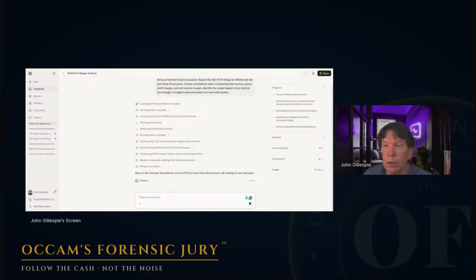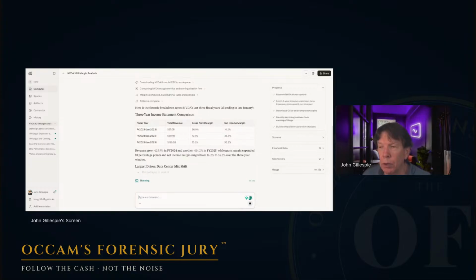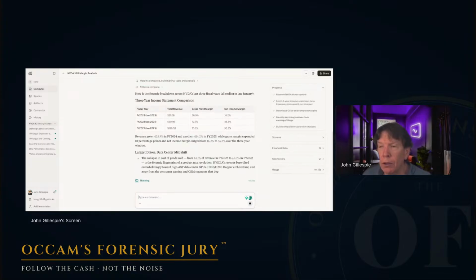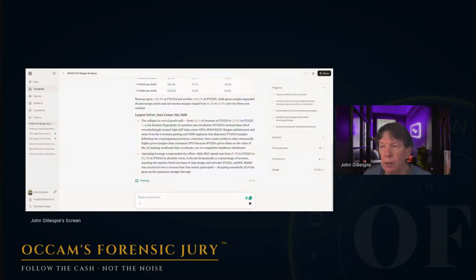With OCCAM'S FORENSIC JURY, Perplexity is just one of the LLMs that we use to match up to each other to look for different views and different opinions on the financial statements.